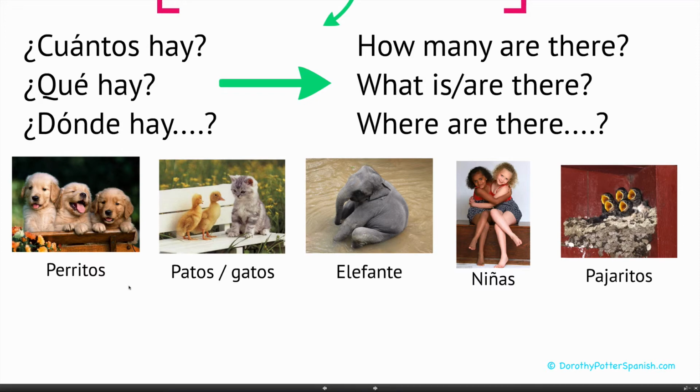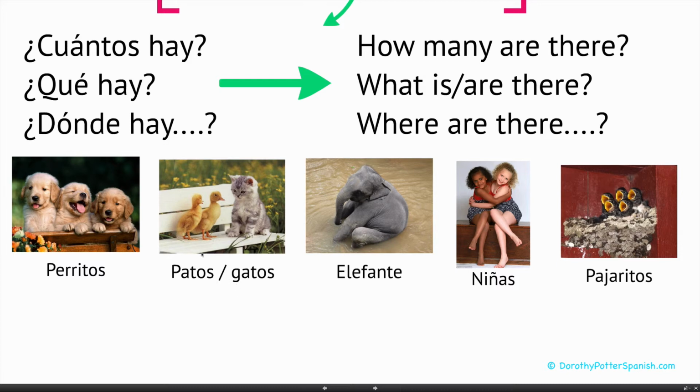Good. Now I'm going to ask you, what is there in the second picture? ¿Qué hay? What would you say? Hay patos y gatos. ¿Cuántos patos hay? How many ducklings are there?